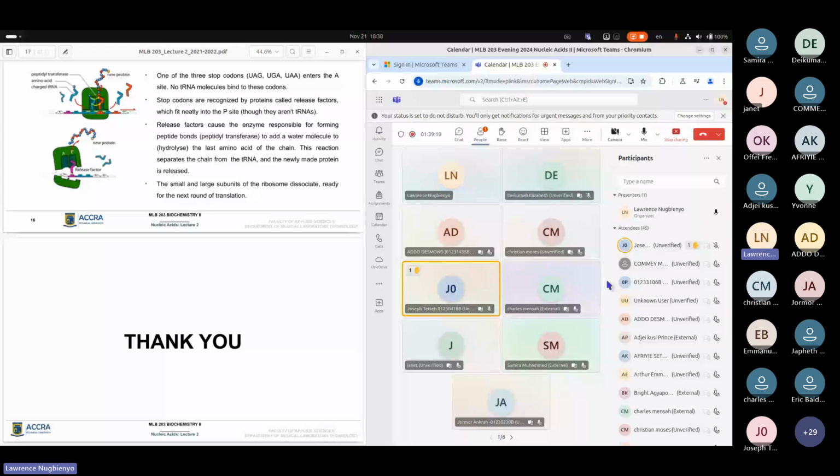And you learned in first year, some of these amino acids are essential amino acids. Some of them are non-essential. The essential ones are the ones that the body cannot synthesize. Some of them, the body can synthesize, and so they are referred to as non-essential.